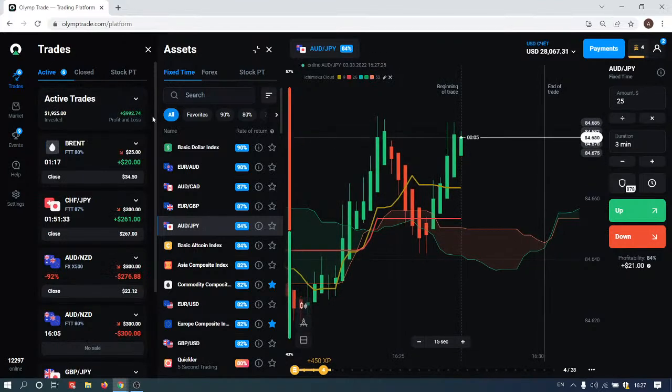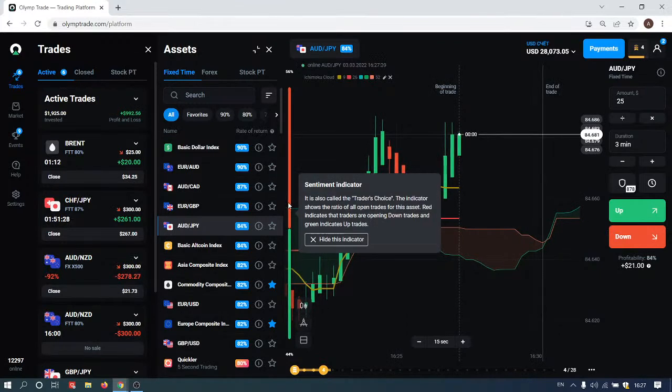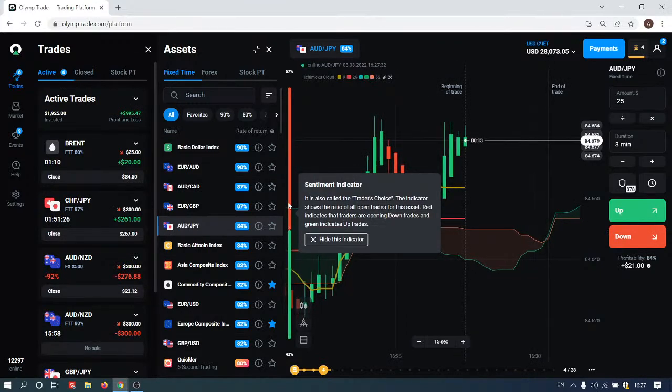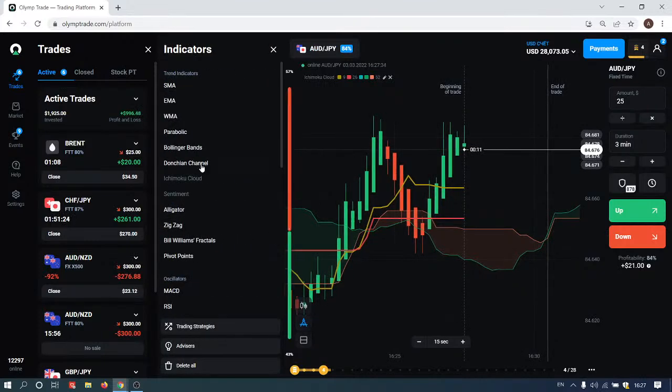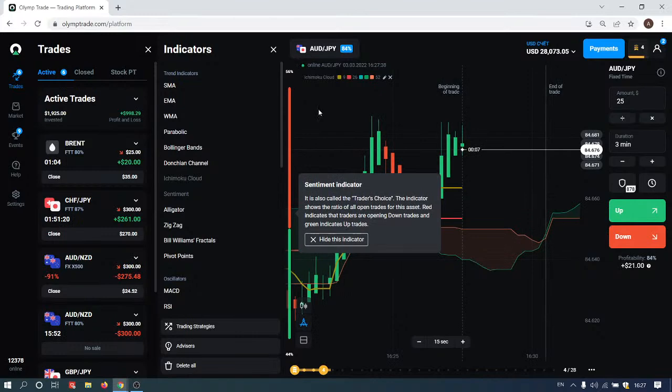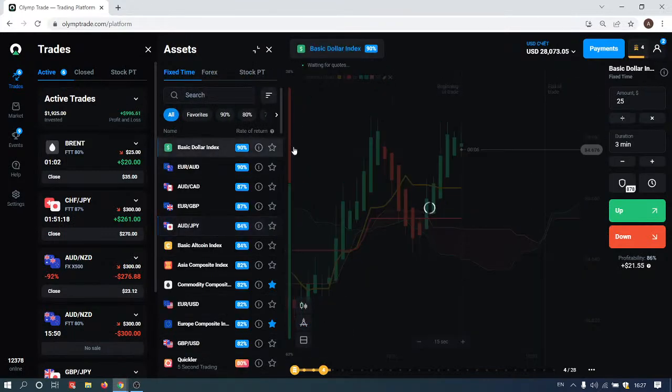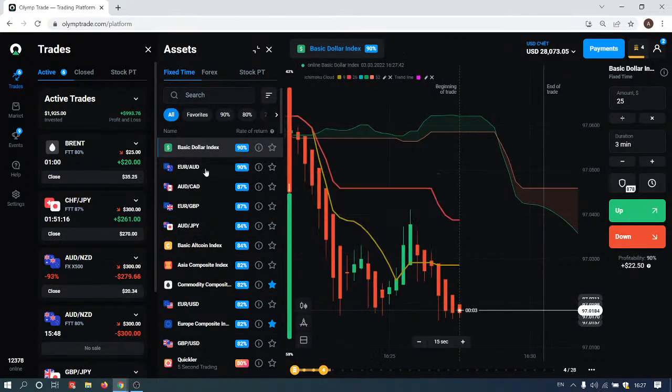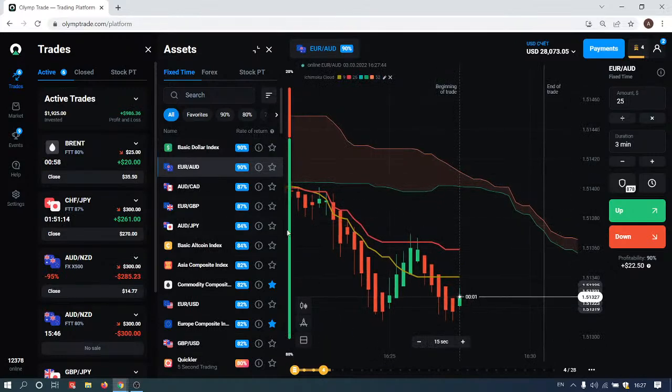What is the function of the two bars, green and red, beside the assets? This one is called the sentiment indicator. You can find it right here, it's called sentiment. Sentiment basically shows you the ratio between our traders on our platform.